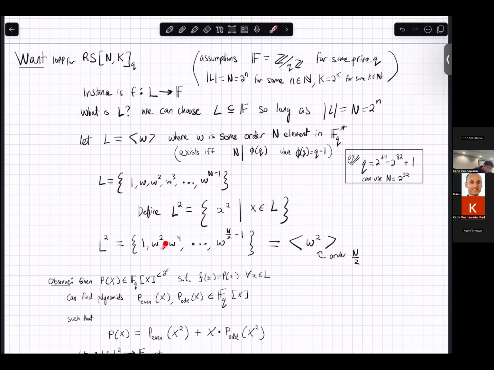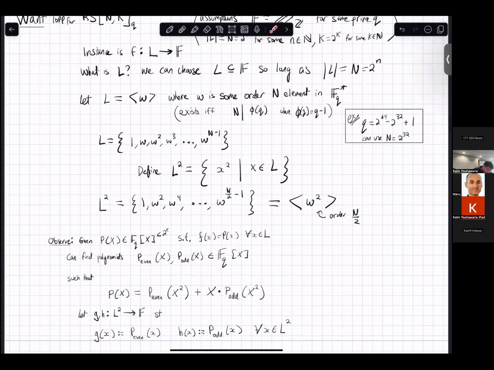Every element in L squared came from specifically 2 elements in L. We'll see more of this later, but L squared is half the size of L. It's the multiplicative subgroup generated by omega squared, which is of order capital N over 2.